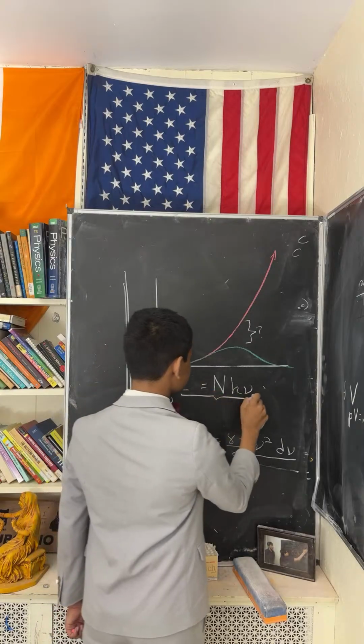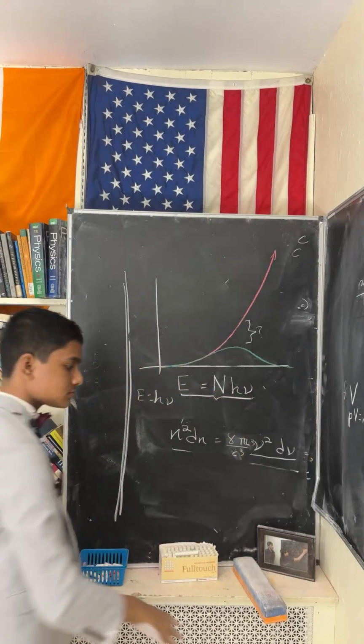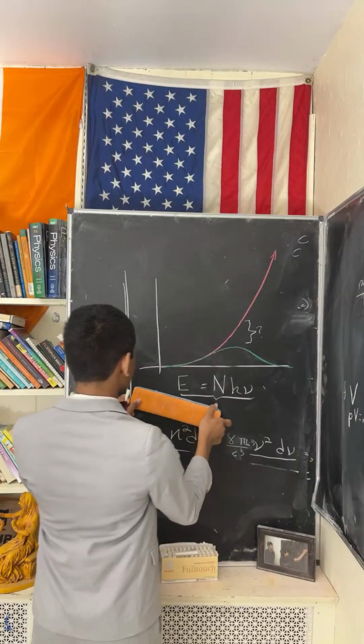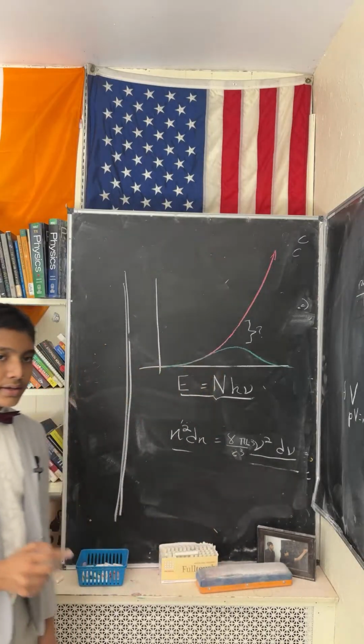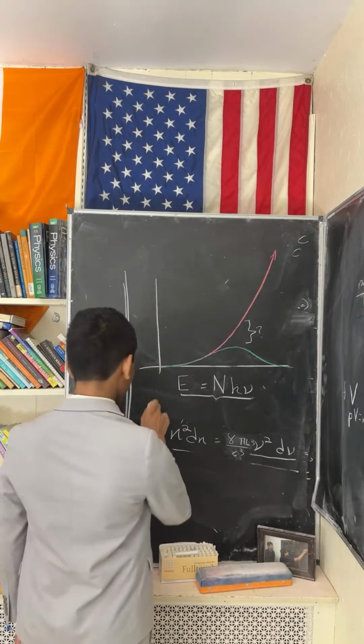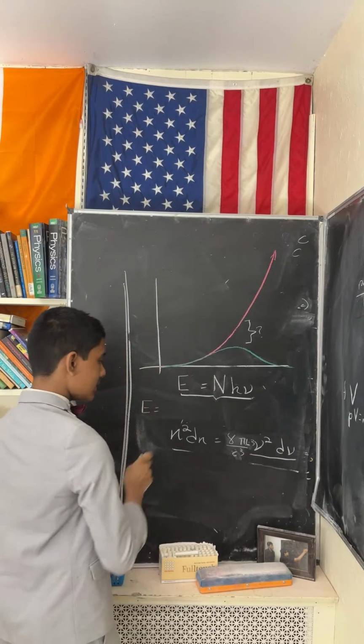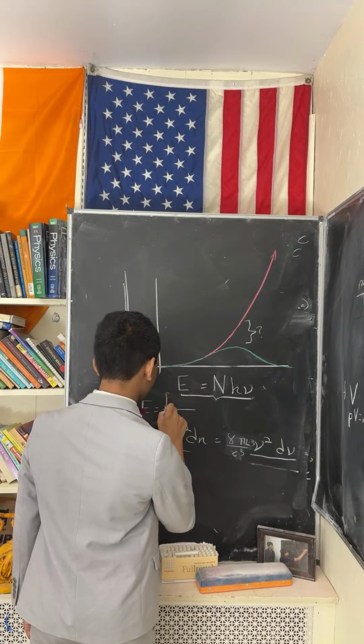And once you assume the energy looks this way, you take the partition function. Now, originally, energy was calculated as a ratio of two integrals.